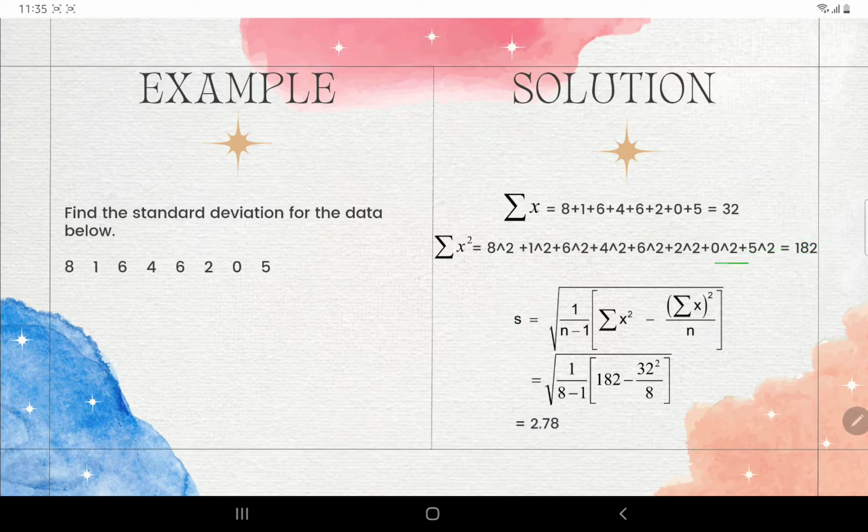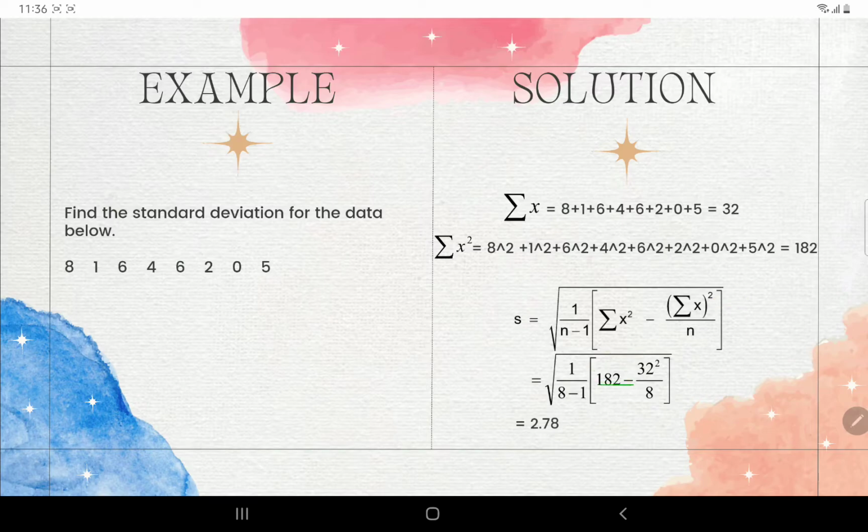Then insert in the formula for sample standard deviation, where we need to find 1 over n minus 1, and here is the summation of x square, and here is the summation of x, squared. This term and this term are different. For this term you square the data first and then sum up, while for this term you total up the data first and then square it later.